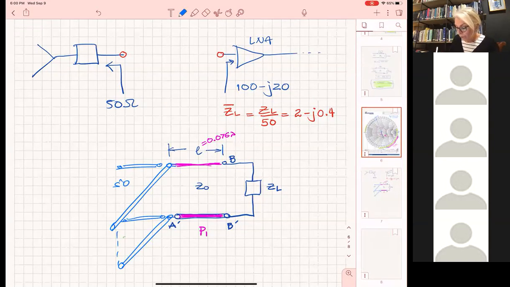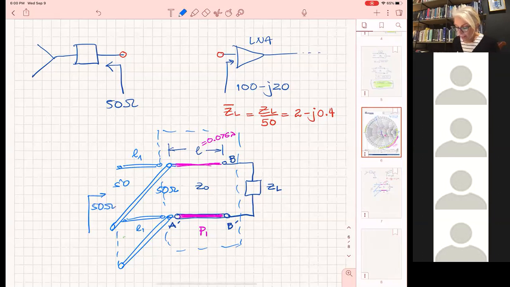So I don't have to stop my matching point here next to the stub. I can put any section of line here, as it suits me, because if I have a load here of 50 ohms, then any section of line with a 50 ohm characteristic impedance is going to give me 50 ohms.